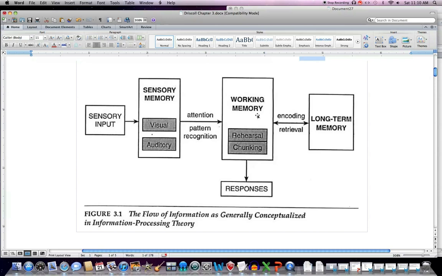She may have to do some type of internal rehearsal if it's a long sentence or complicated sentence or has a lot of new information. She may need to rehearse it over, read it a couple of times to get it solid there. But one of the main things she's going to need to do is encode this in some way so that it can go over into long-term memory.